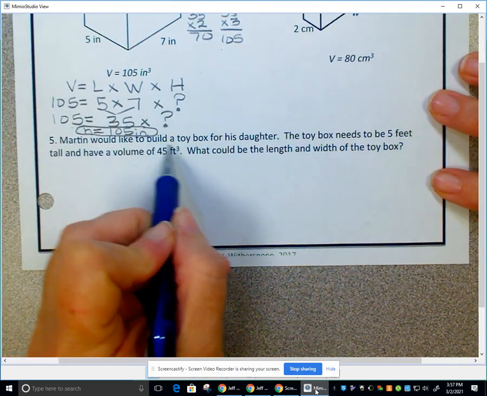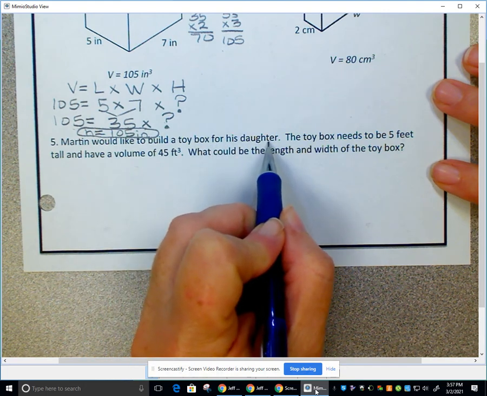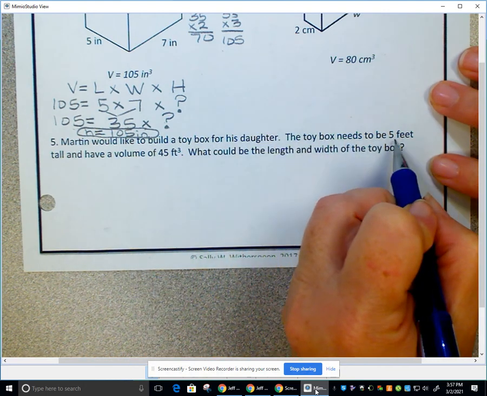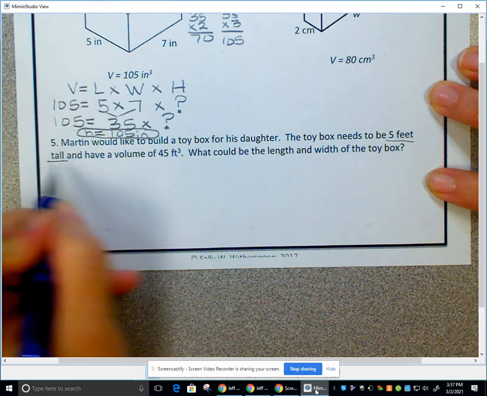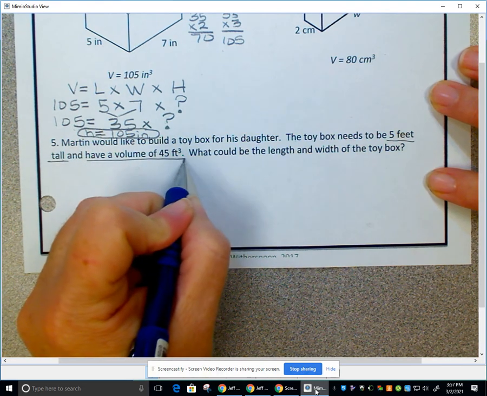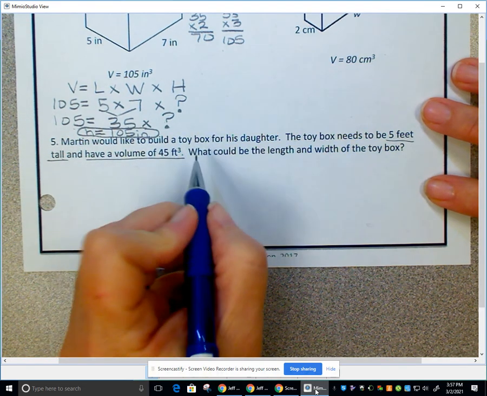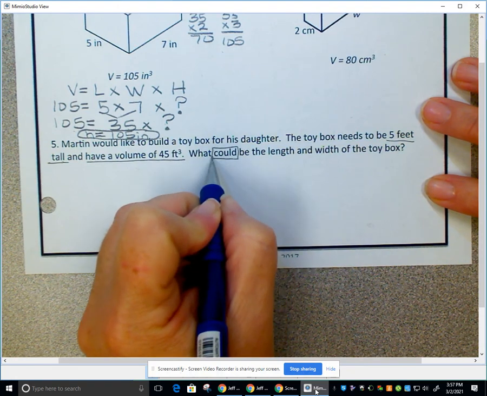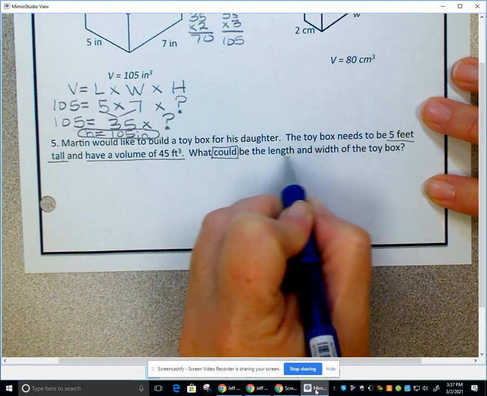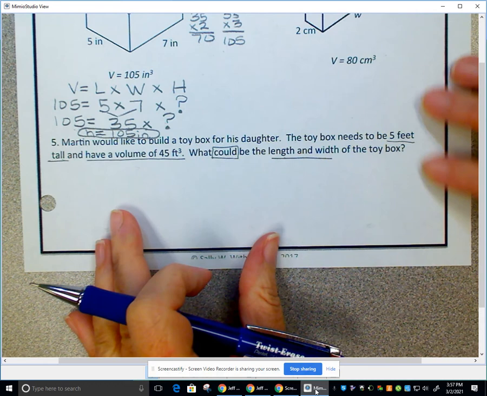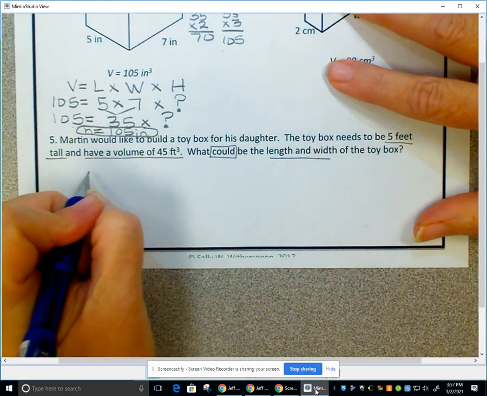Martin would like to build a toy box for his daughter. The toy box needs to be 5 feet tall and have a volume of 45 cubic feet. What could be the length and width of the toy box? Okay, so let's go.